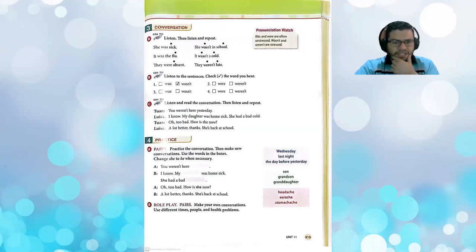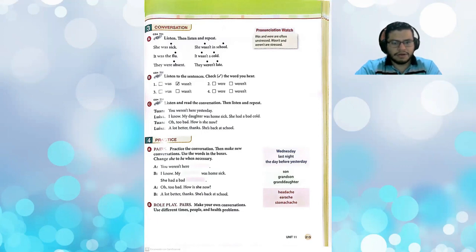Practice the conversation, then make a new conversation. Use the words in the boxes. For example, change she to he when necessary. You weren't here on Wednesday. I know, my son or my granddaughter was homesick. She had a bad earache.